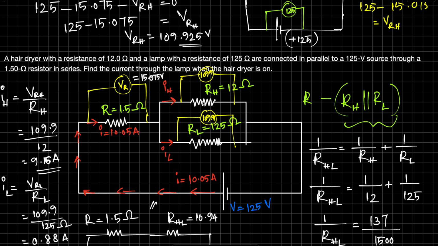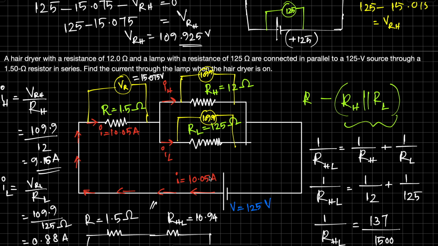In simple words, to find the current flowing through RH, find the voltage across it, 109.9, over its resistance, 12 ohms. For RL, the voltage across RL, 109.9, over 125 is IL, 0.88. Now, if you add these two numbers, 9.16 and 0.88, you'll get 10.04.